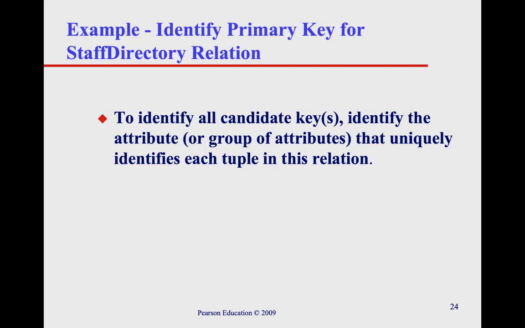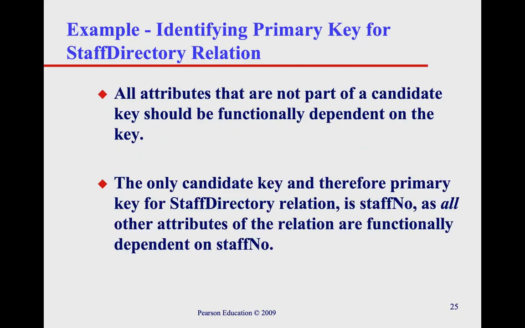What are the chances of that happening? Infinitesimal, but not zero. And if it's not zero, then the potential for duplication exists. So the only potential candidate key for the staff directory relation is staff number.